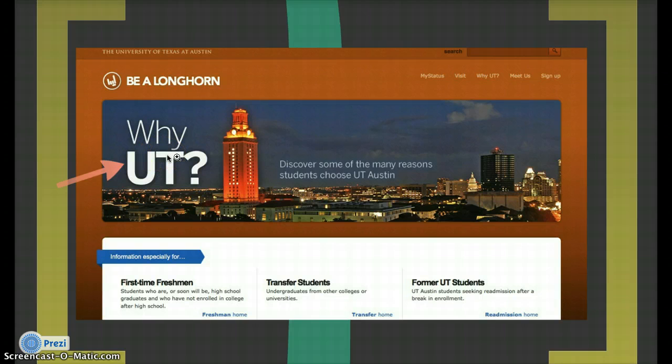And so we know visually when something is bold, we need to take note of it. It means it's important. It's almost like somebody going through a website or a page layout and highlighting it for you. But we know that we can't do that as you're viewing the web page, so they've already done it for you. So we see bold here, and we also see bolded text here: first-time freshmen, transfer students, and former UT students.